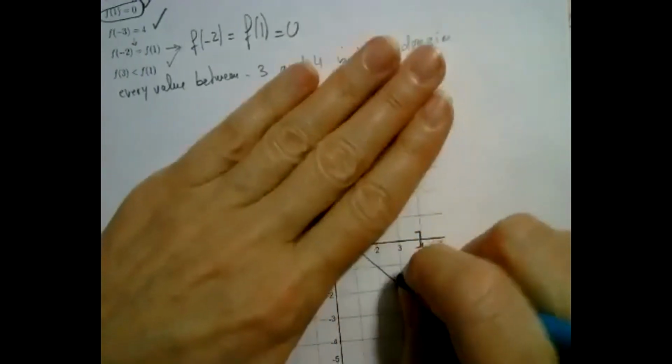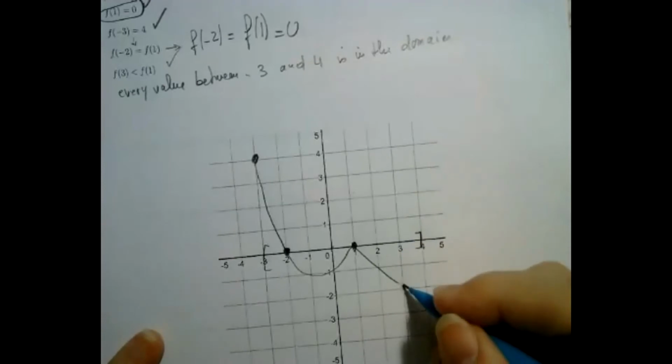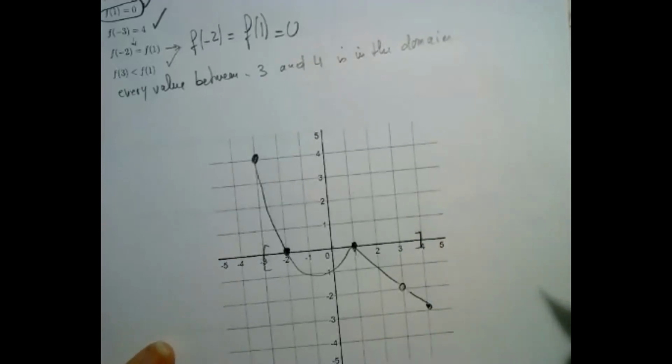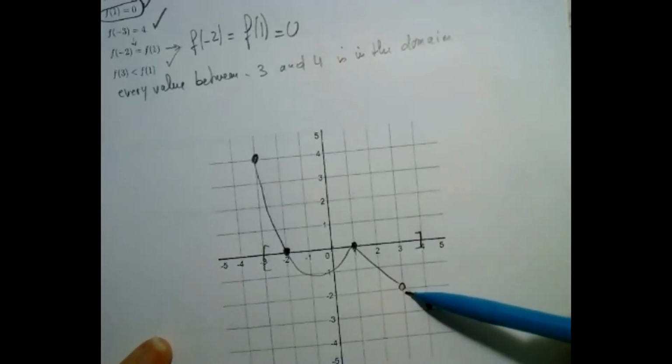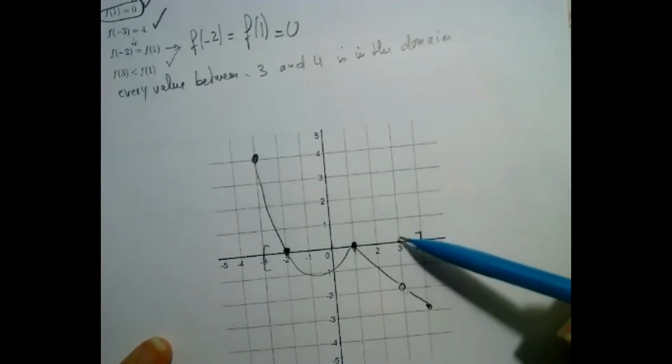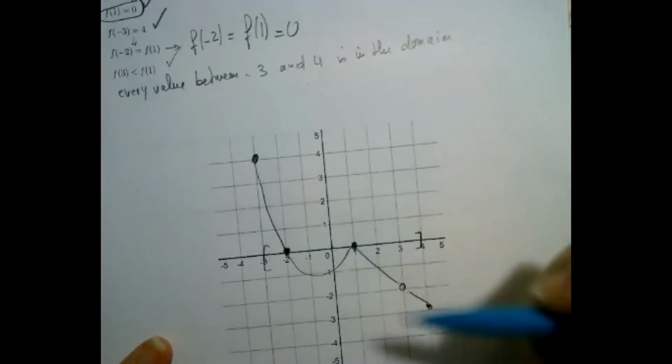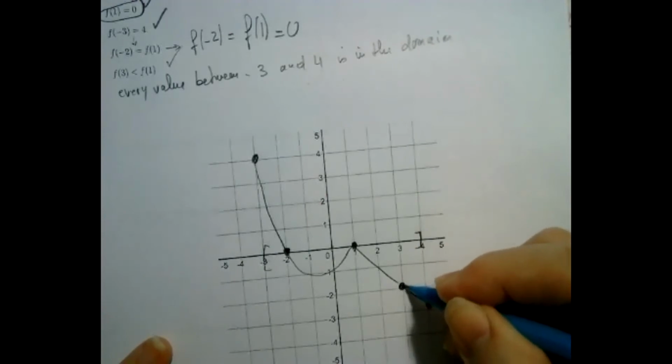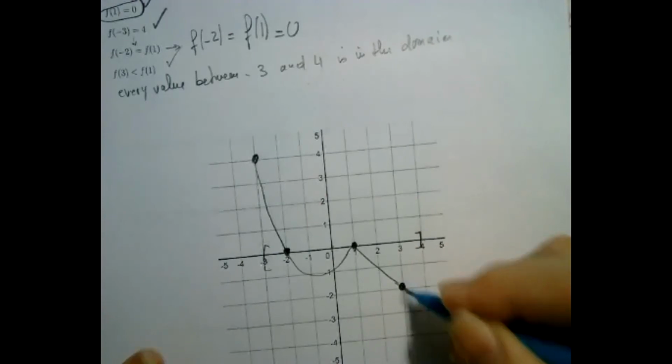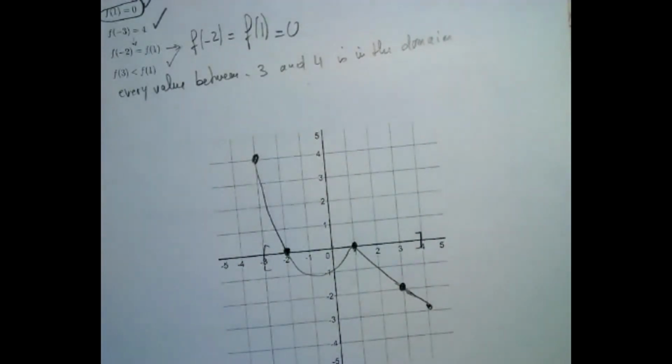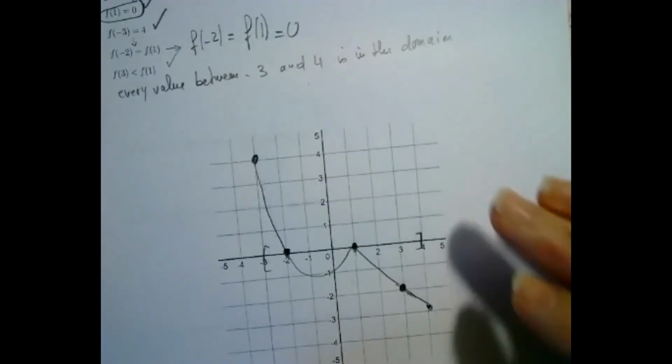I mean, there is no output for 3, which is not what I want. I want everyone to be in input. So this is what the graph is.